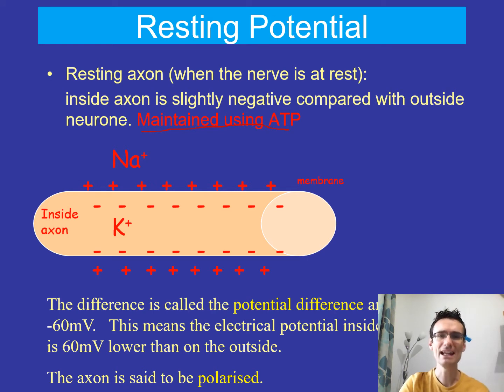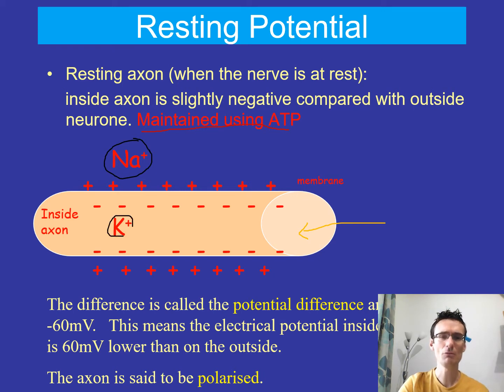What we say is that inside the axon, inside the actual nerve cell, is slightly negative compared to the outside. You can see that you've got lots of negatives and lots of positives, but it's not that clear. We don't have a mixture of negative and positive ions. Both ions that we're going to be talking about are positive ions, sodium and potassium.